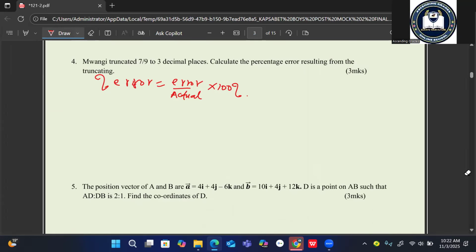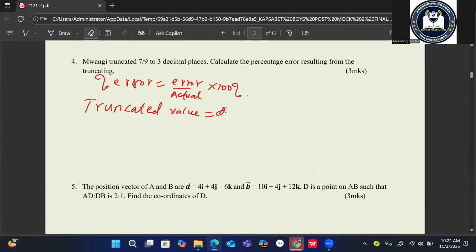So the truncated value is 0.77. Then you're told that it was to 3 decimal places, so it is 0.777.